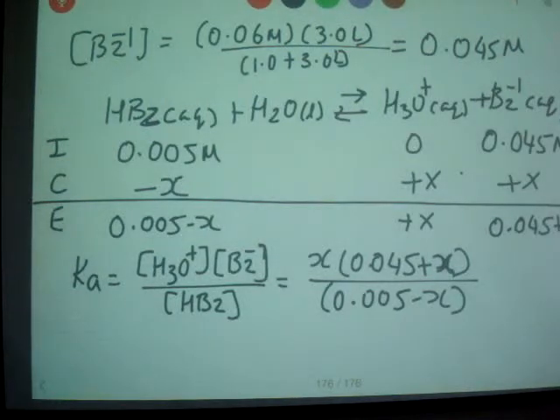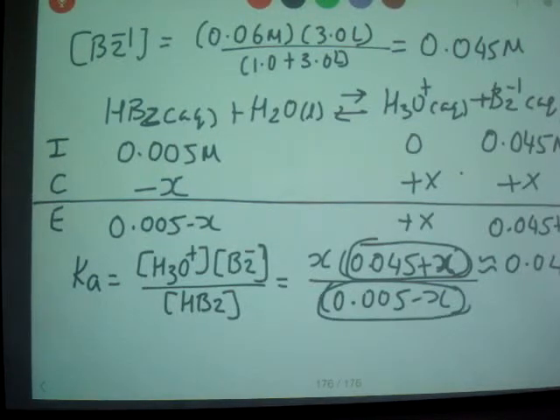Now we assume that x is negligible. So for this one we consider only 0.045, and for this one we assume 0.005 because this change is very negligible.